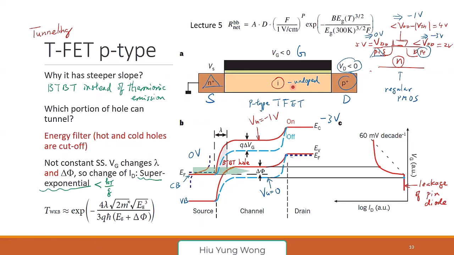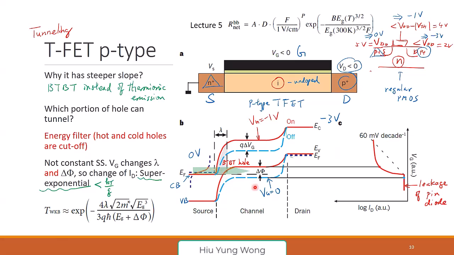Tunnel FET has a problem. Just now you talked about traps. If you have trap-assisted tunneling, if you have a lot of traps here, you actually can get a lot of leakage. Then you don't have that high subthreshold slope, right? Before your channel valence band aligns with the source conduction band, there's no tunneling. But if you have a trap, then you have trap-assisted tunneling or phonon-assisted tunneling.